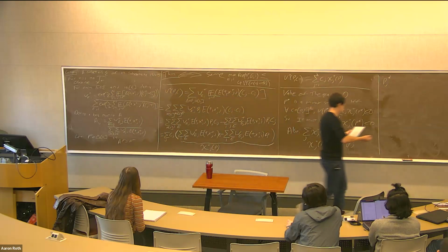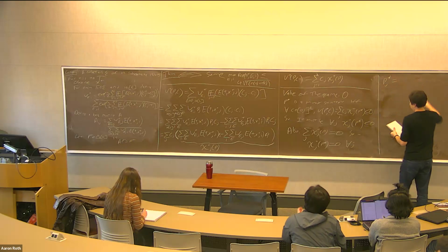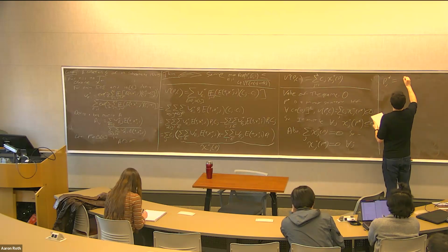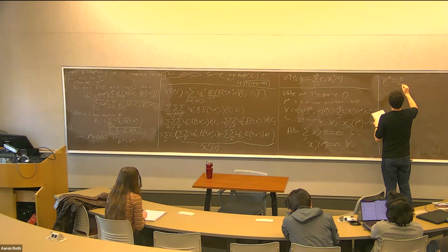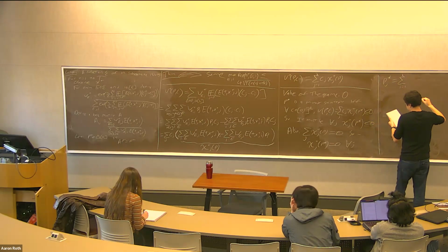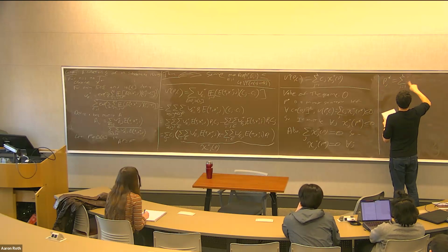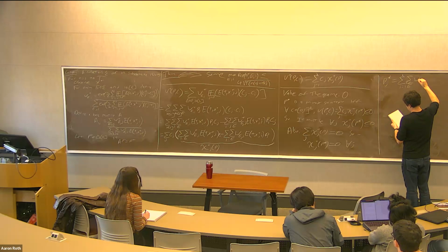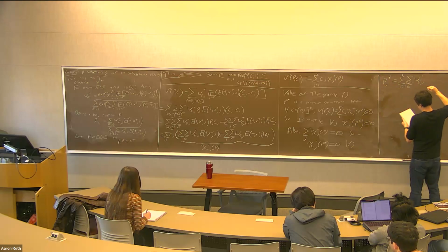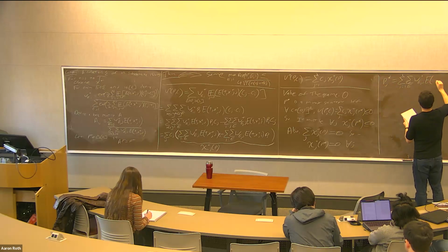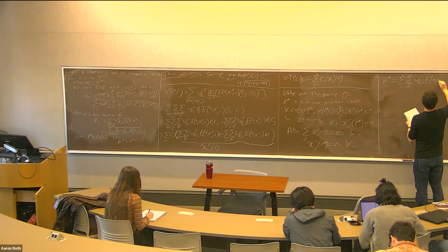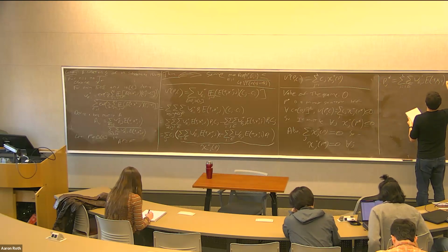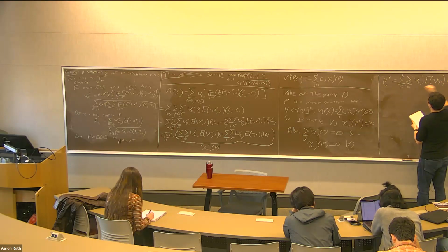So let's do it. pj star must equal the sum over all of the actions of the sum over all of the events of the weight of that event times the indicator that that event is active when we play action I times pi star.